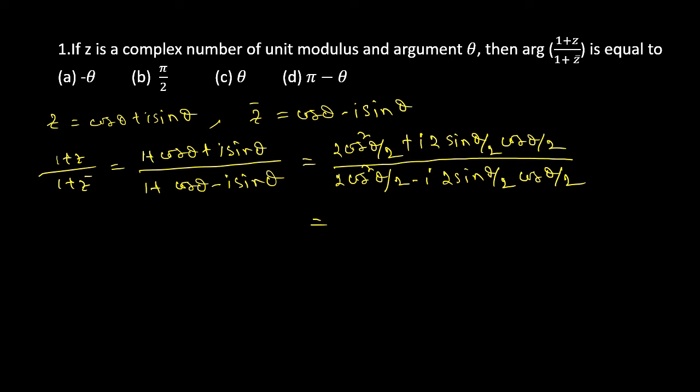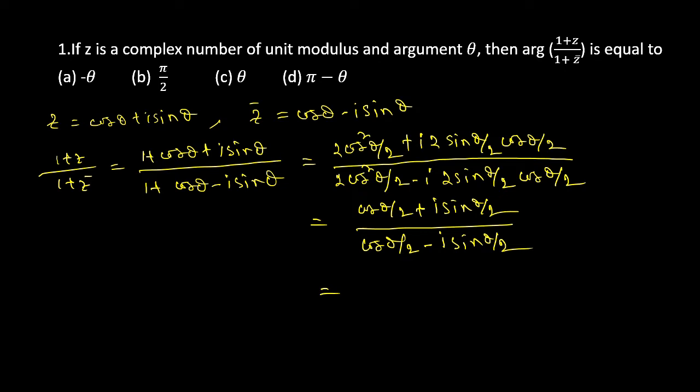Then we can take common 2 cos theta by 2 from numerator and denominator. Then we get (cos theta by 2 + i sin theta by 2)/(cos theta by 2 - i sin theta by 2).